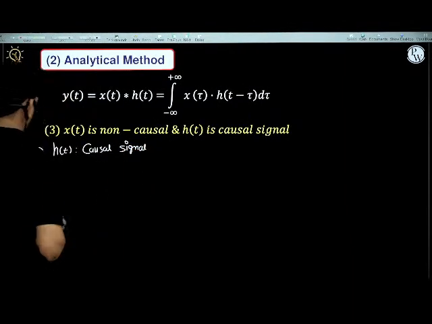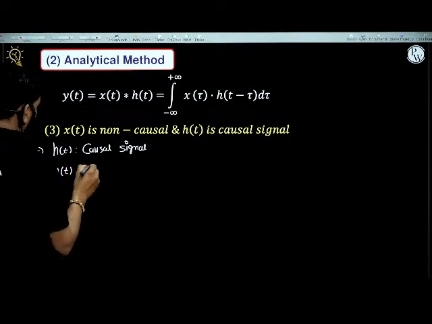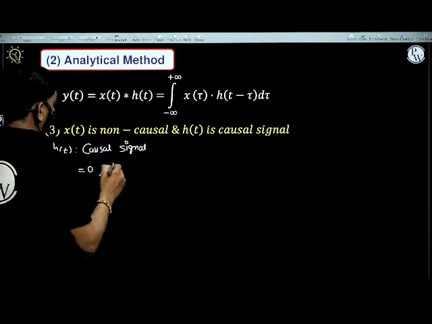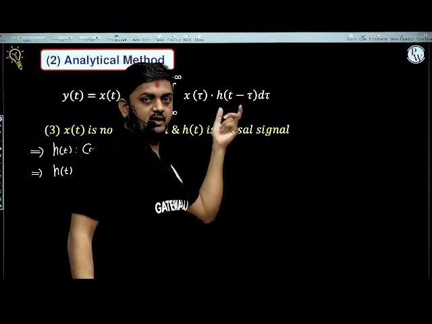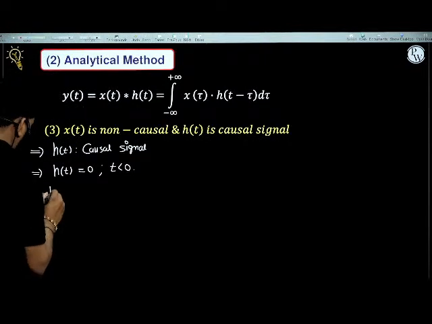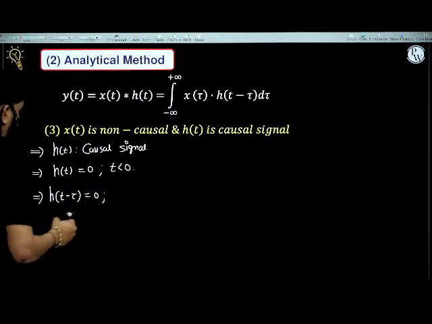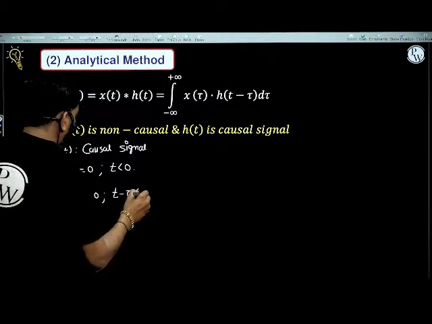If it is a causal signal, then h of t is 0 for t less than 0. But in this equation, we require h of t minus tau. So h of t minus tau is 0 for t minus tau less than 0.